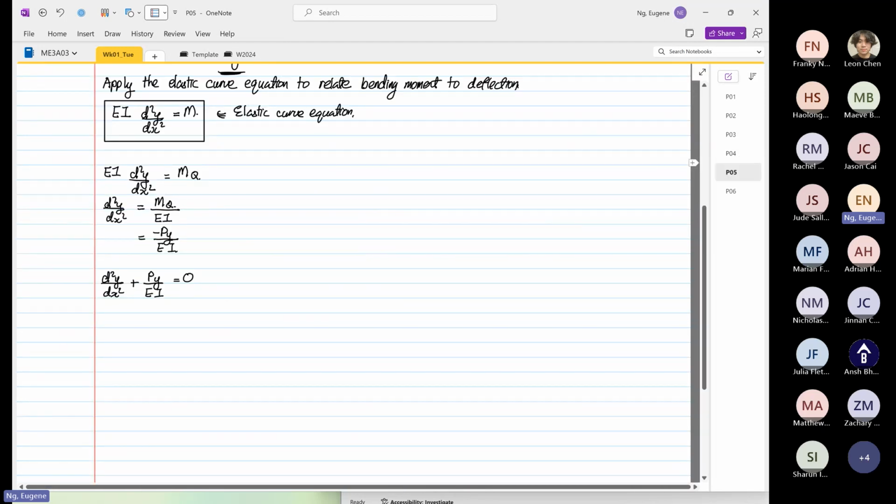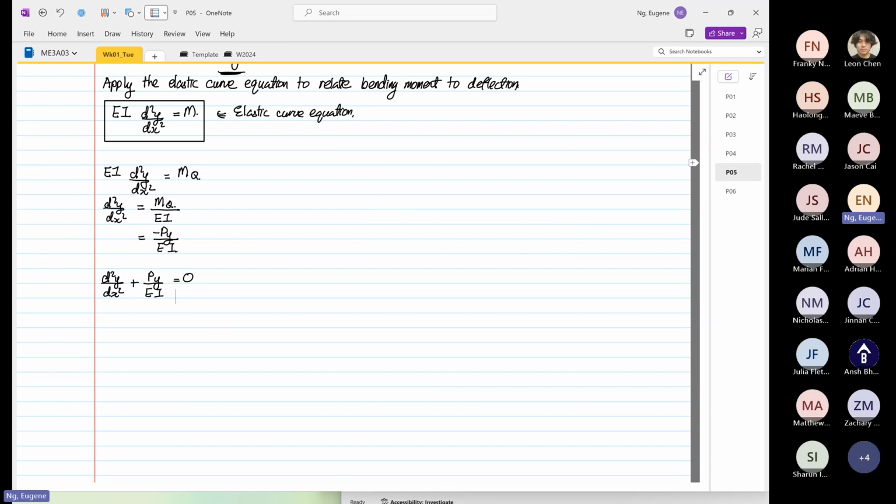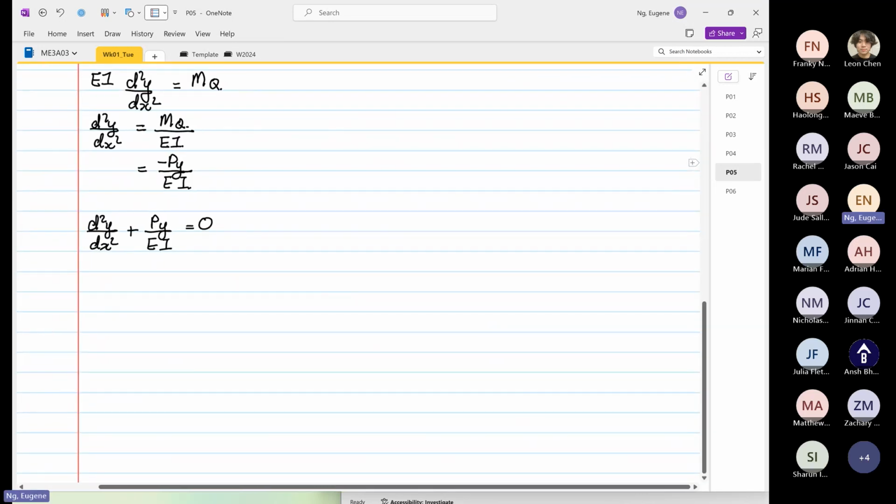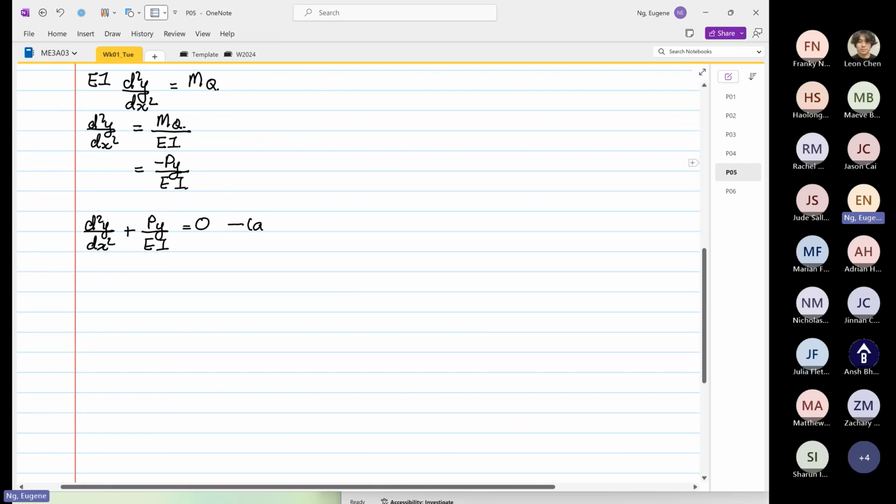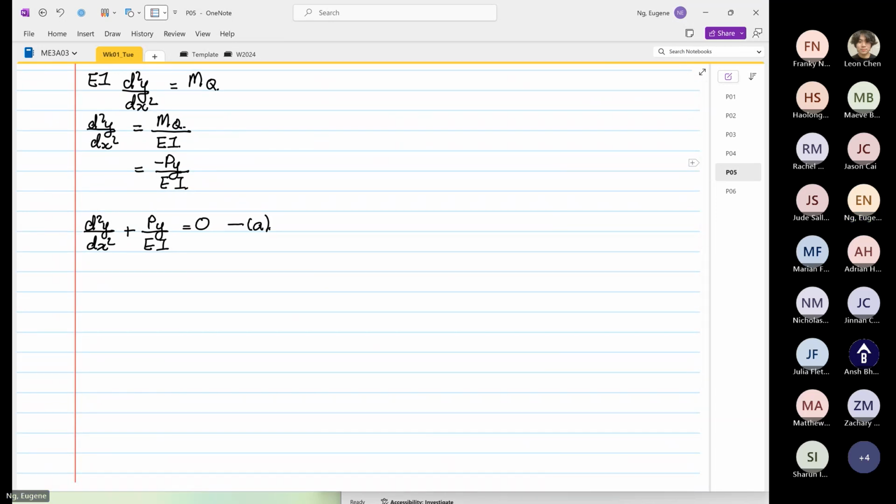So we know that equation, I'm going to use A. Equation A is known as a homogeneous second order differential equation.